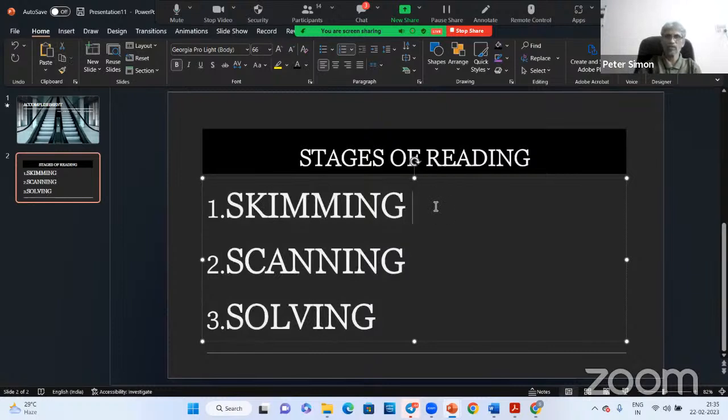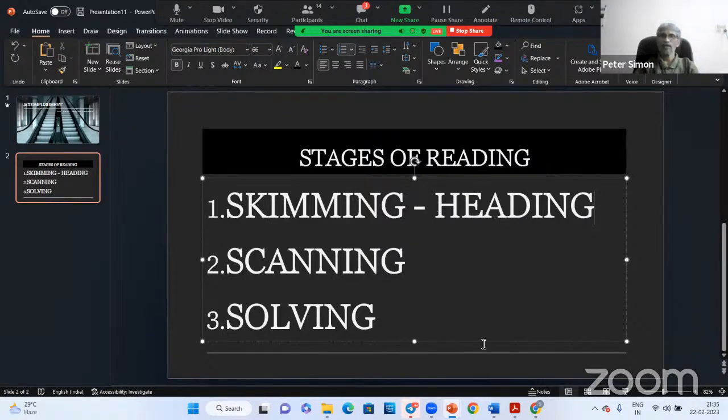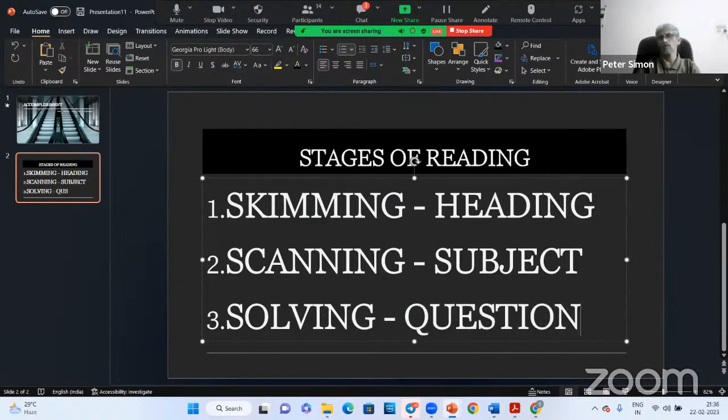Now, first one is skimming, headings. Scanning, subject. Solving, questions. So skimming, scanning, solving.